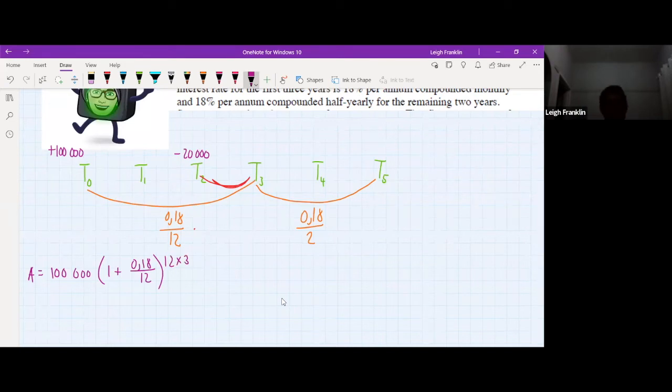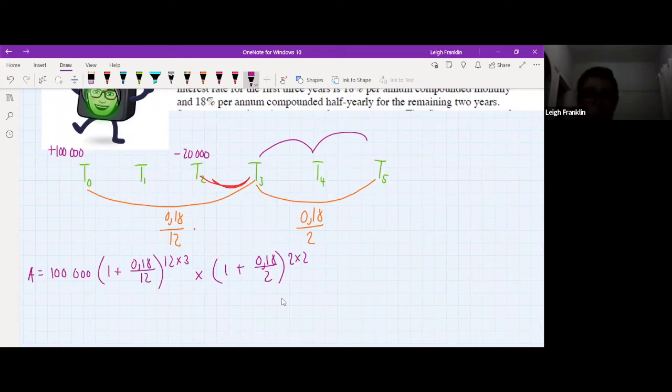Essentially we look at that as though that money stays in the account from the beginning to the end. So it's going to then earn interest at 18% per annum compounded half yearly. So I need to multiply that by 1 plus 0.18 over 2, because it's going to be in the account for 2 years, that's why it's 2 times 2. Okay, Tyler? So that is what the 100,000 Rand accumulates to over 5 years.